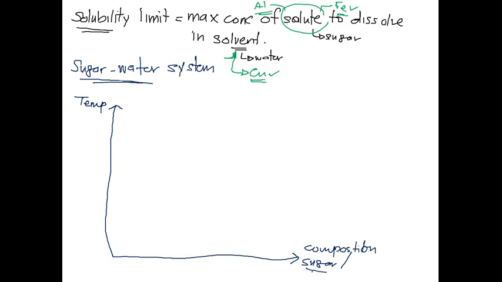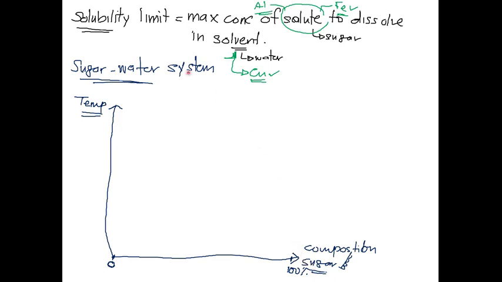So when you put sugar here, it means that here you have 0 composition of sugar, while here you will have 100 percent of sugar. And this is your temperature. The y-axis is your temperature, and your x-axis is your composition. Based on this label, this is a composition of sugar.